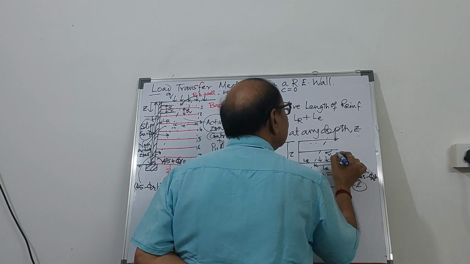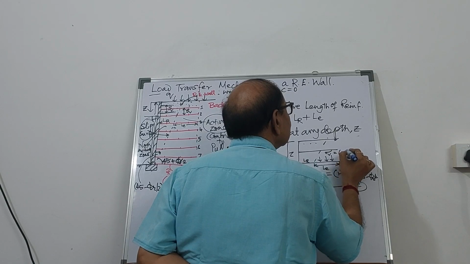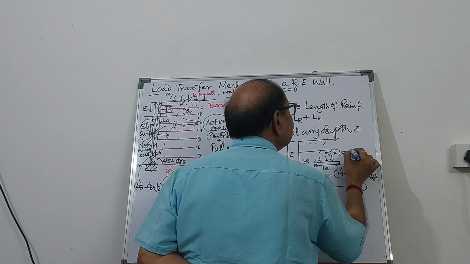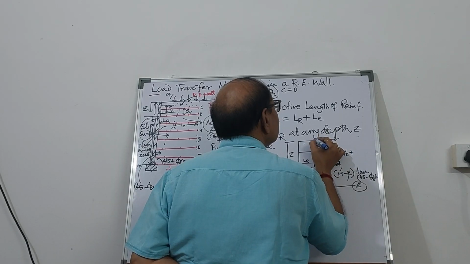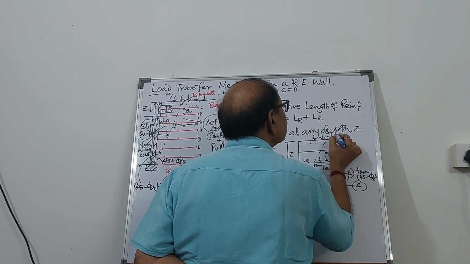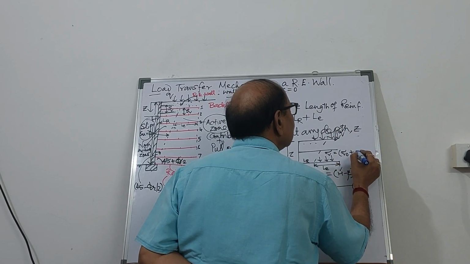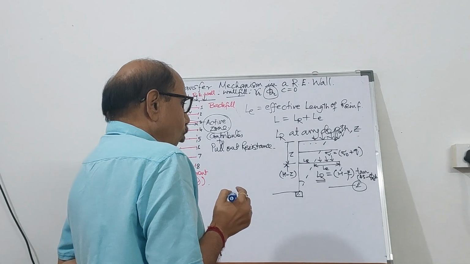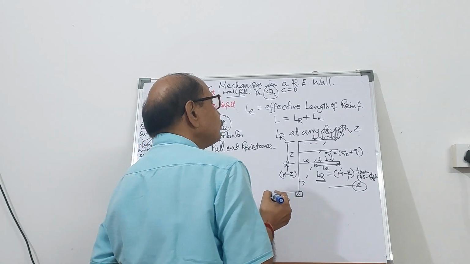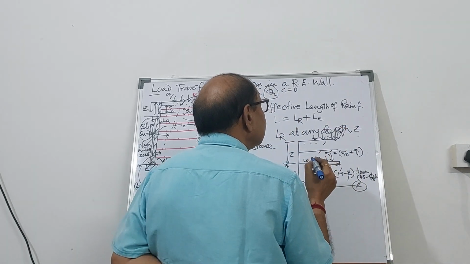The total vertical pressure is sigma V due to overburden plus, if there is a surcharge, Q. So it will be plus Q. And only due to overburden, it will be sigma V naught.